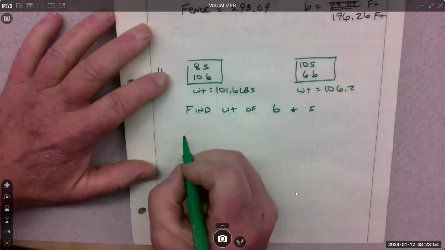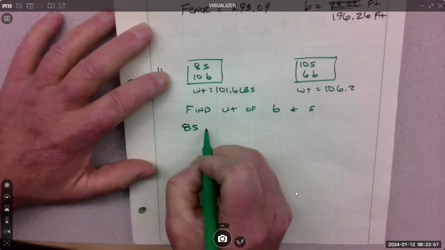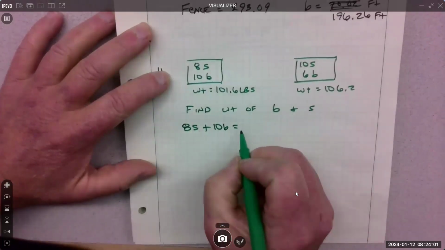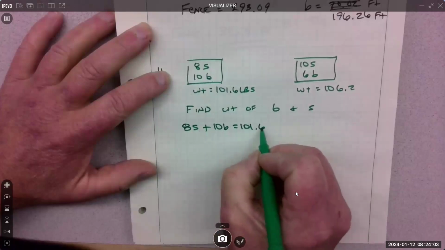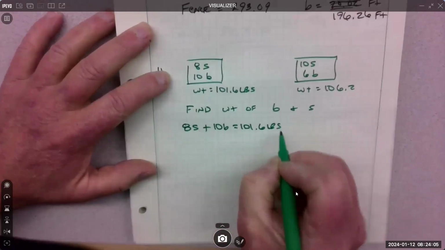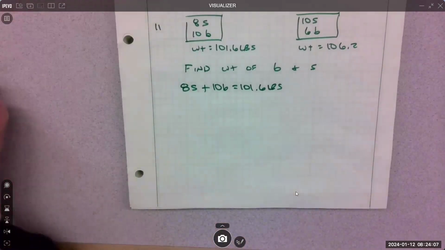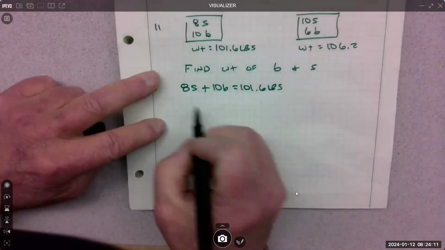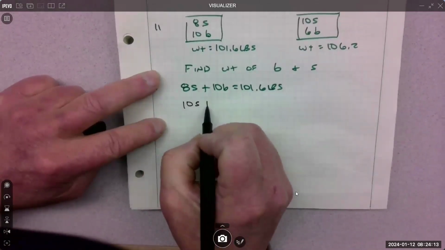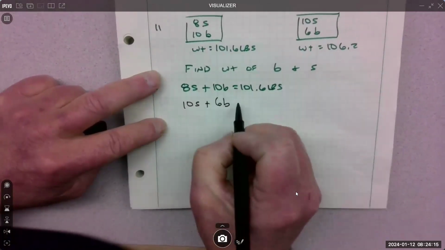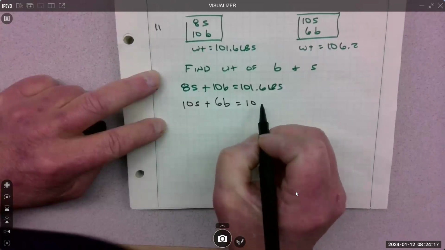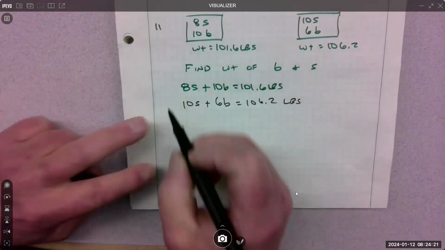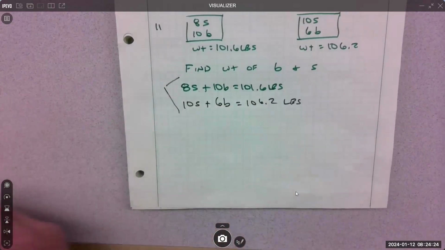So I'm going to go 8S plus 10B equals 101.6 pounds, right? So that's the first box. And then the second box is 10S plus 6B equals 106.2 pounds. So 2 equations, 2 variables, same variables.